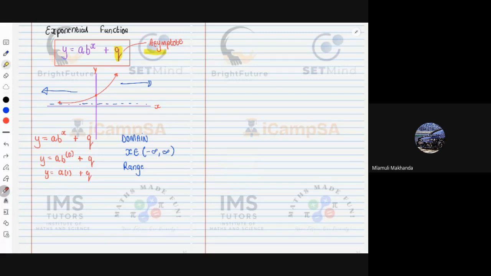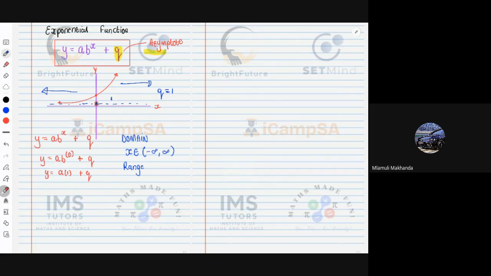So what we do instead, let me put a value, maybe you will understand easily. Let's just say it's 1, for argument's sake. This is where y is equal to 1. That is our asymptote. So when I'm saying y is equal to 1, I'm also saying q for this case is 1.